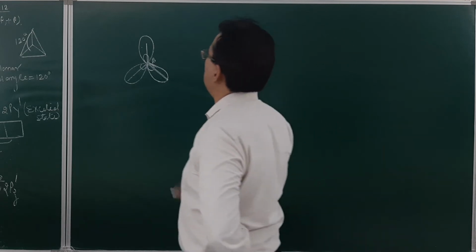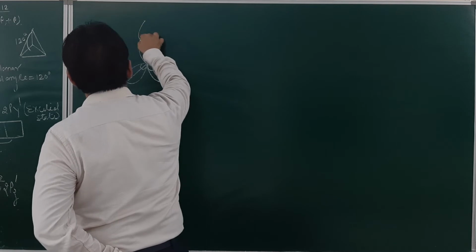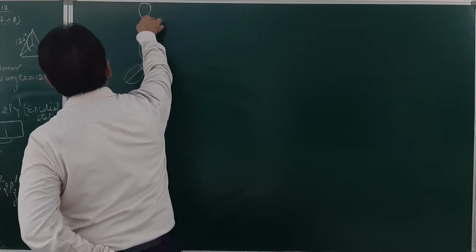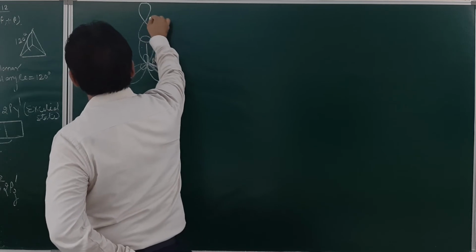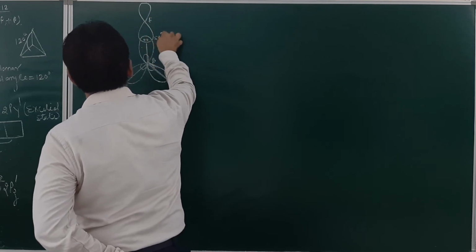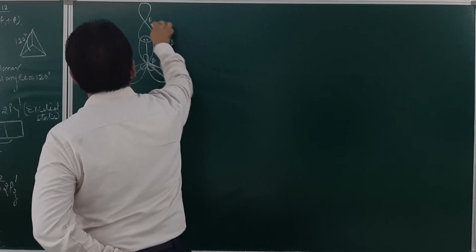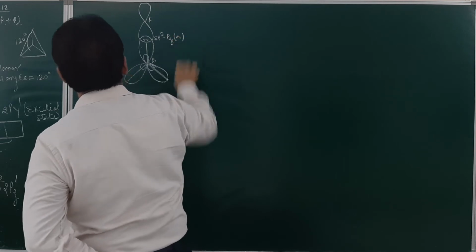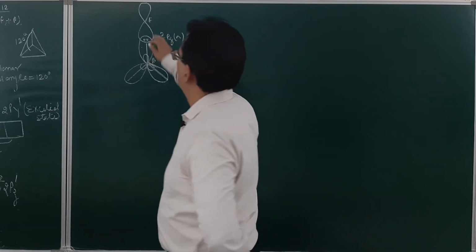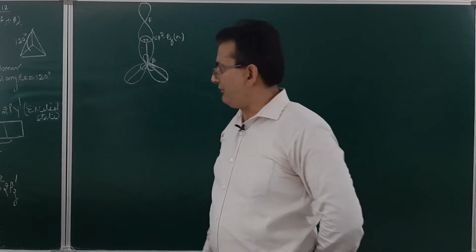Now, one of the fluorine atoms will overlap in this manner. This is fluorine, resulting in the formation of an sp2-pz bond. This is pz, forming a sigma bond, as it is an internuclear overlap. This is the pz of fluorine, which had one electron.